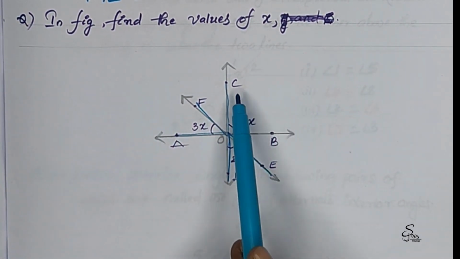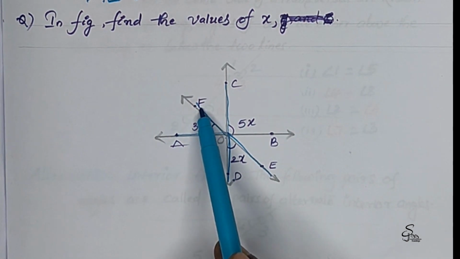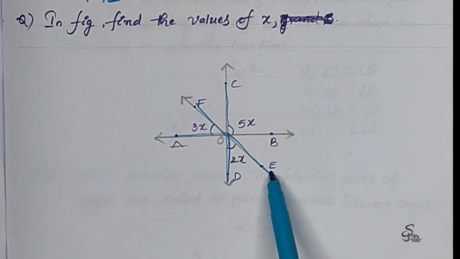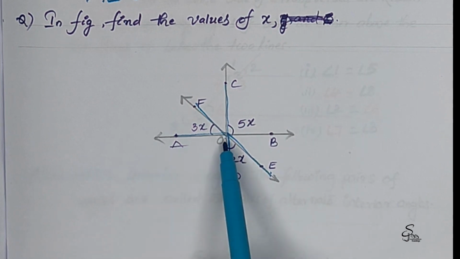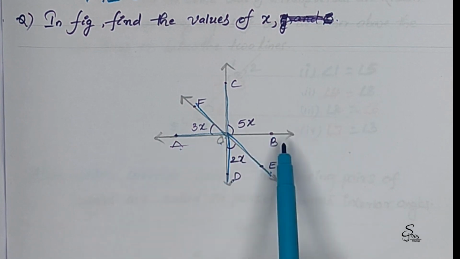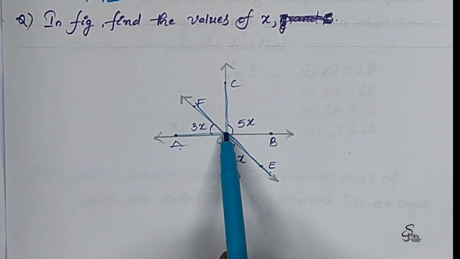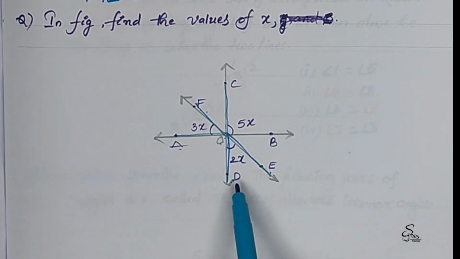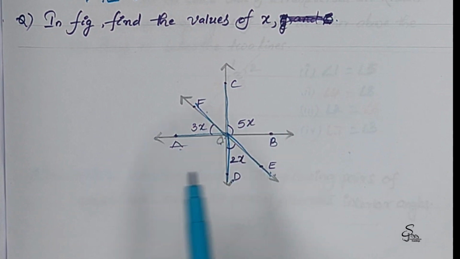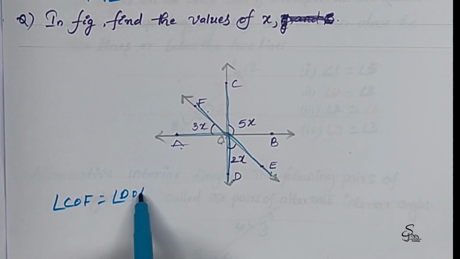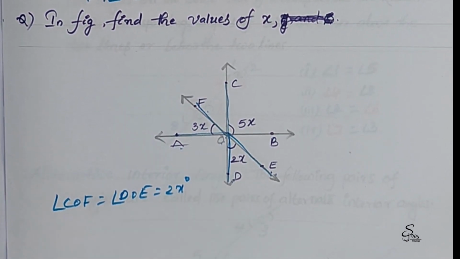Since angle COF and angle DOE are vertically opposite angles, and OA and OB are opposite rays, angle COF is equal to angle DOE, which is 2x degrees.